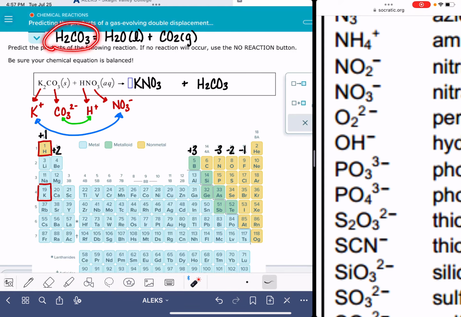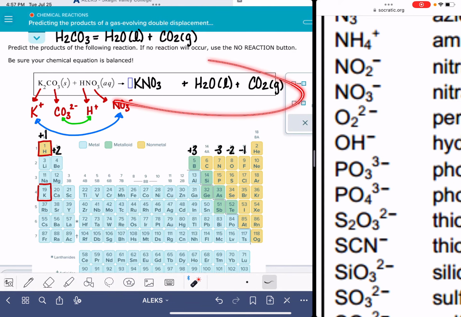So if you make H2CO3, you're actually not going to write that as the product of this reaction. Instead, you are going to write H2O, and that is in the liquid phase, and you're going to write CO2, and that is in the gas phase. Now this reaction is not the only one that produces a wild card, H2CO3.